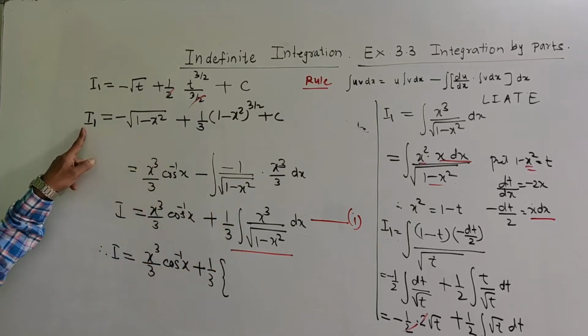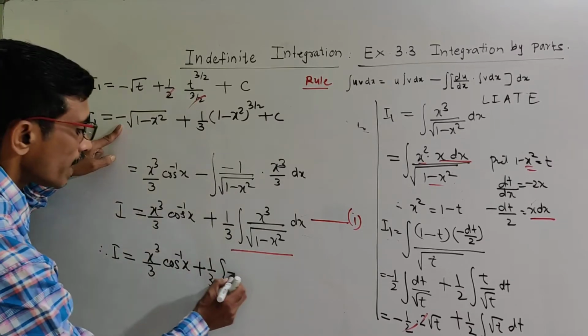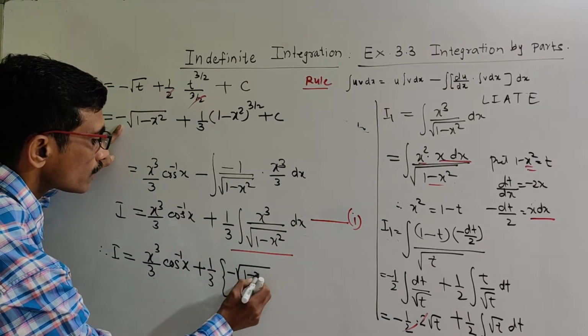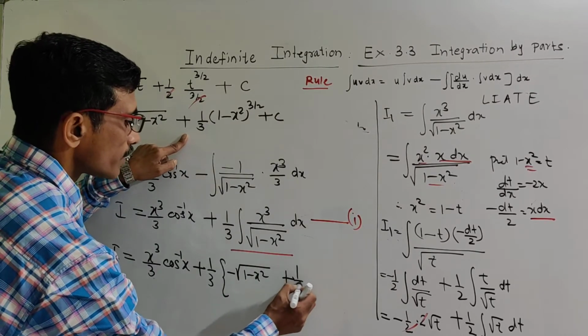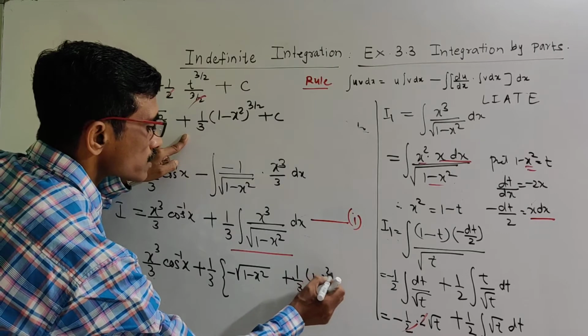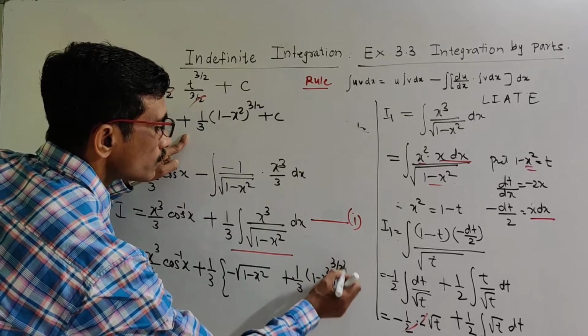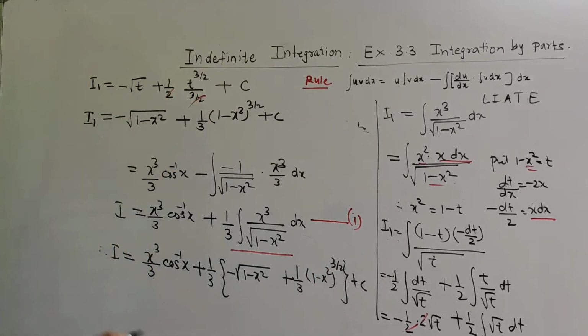And this integral I1 is equal to minus root of 1 minus x square plus 1 by 3 (1 minus x square) raised to power 3 by 2 plus c.